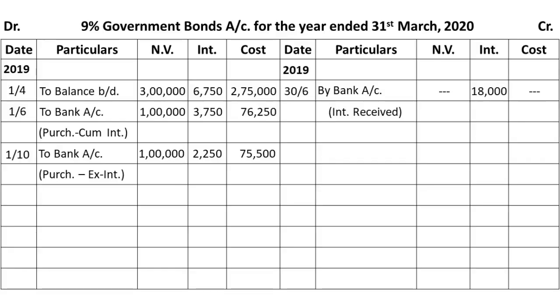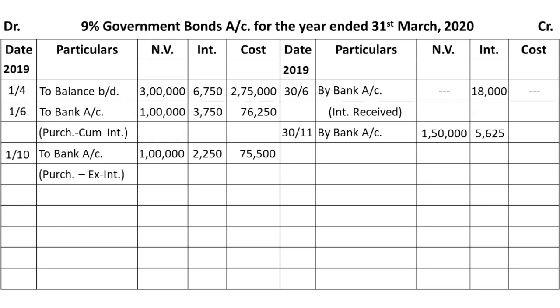On the credit side, because it is a sale, investment goes out, therefore it should be credited to investment account, that is 9% government bonds. First of all, we'll write the date of sale, which is 30th November, by cash bank, because cash bank comes in and investment goes out. Nominal value is 1,50,000. Interest that we have calculated, 5,625, and the cost column should be filled with the amount of selling price.